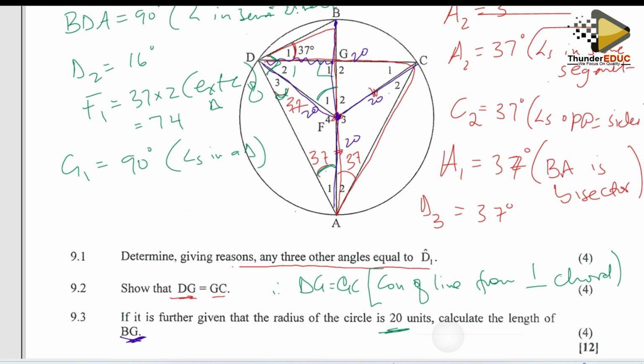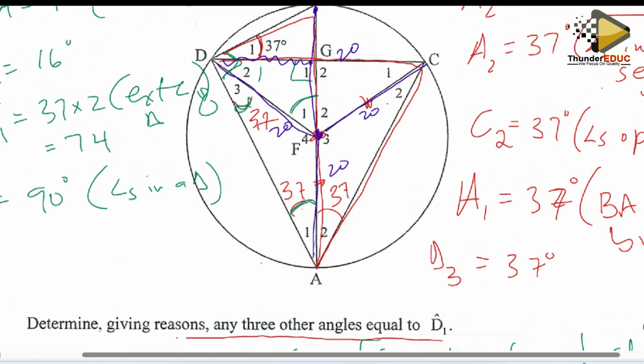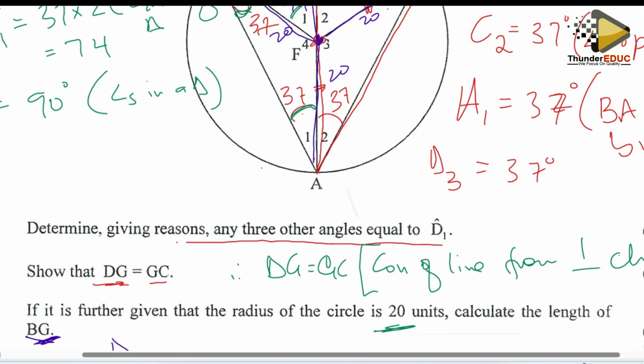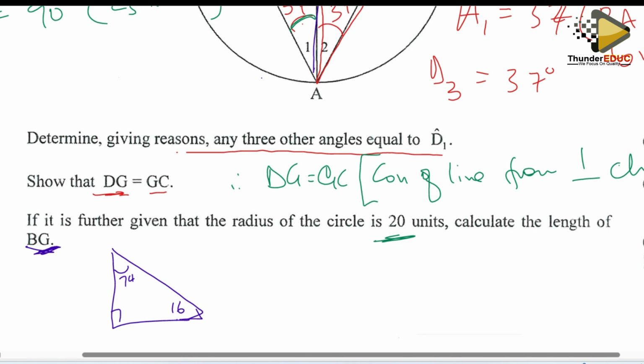So since we have our D2 as a 16, this as a 74, I'll prefer to use the trig ratios. This is 74, that's a 16. Then we have this as a 20.